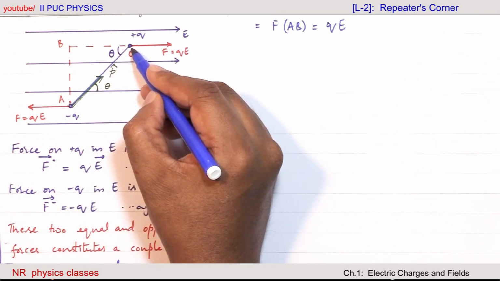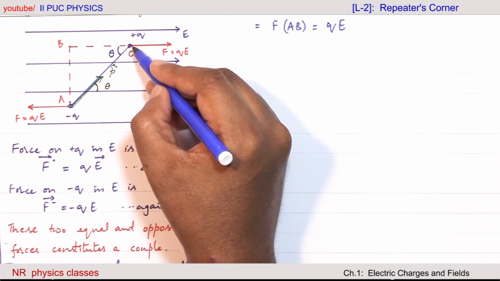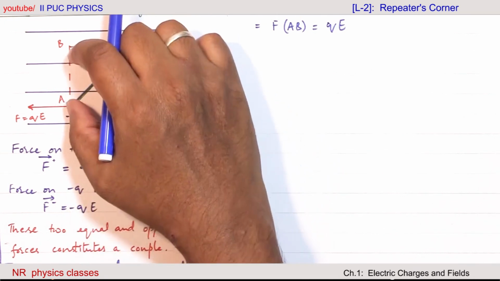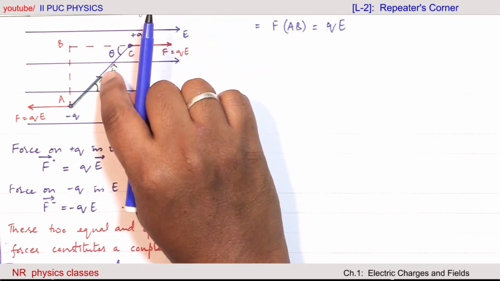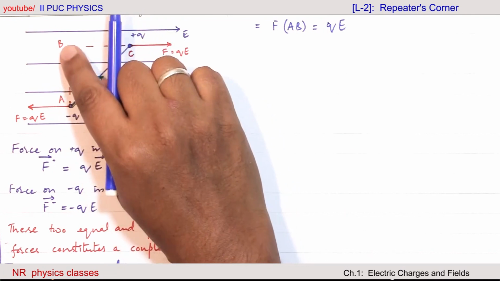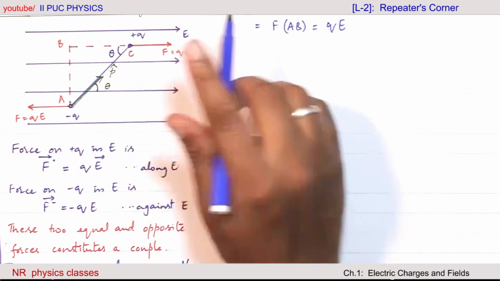AC is 2A. Distance between the charges is 2A. Therefore, this is the opposite side for this theta. Opposite side by hypotenuse means sin theta. So AB is AC sin theta.